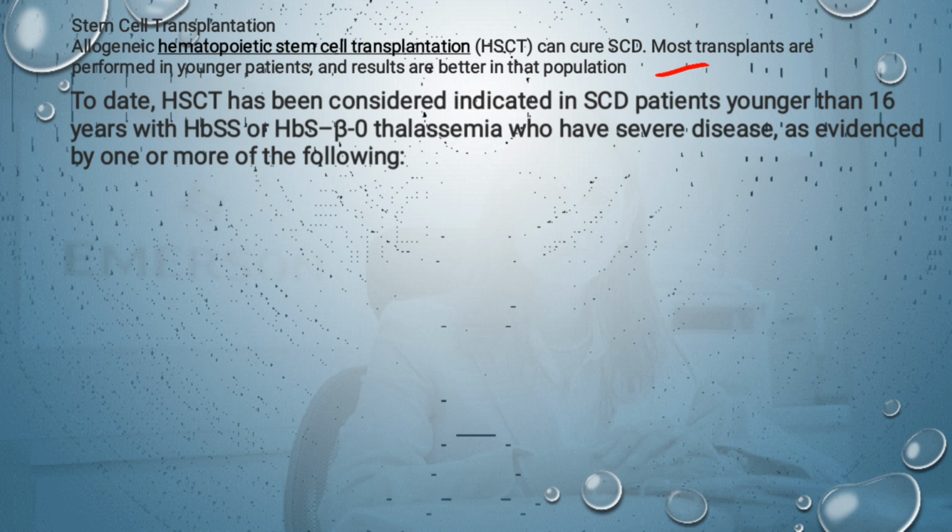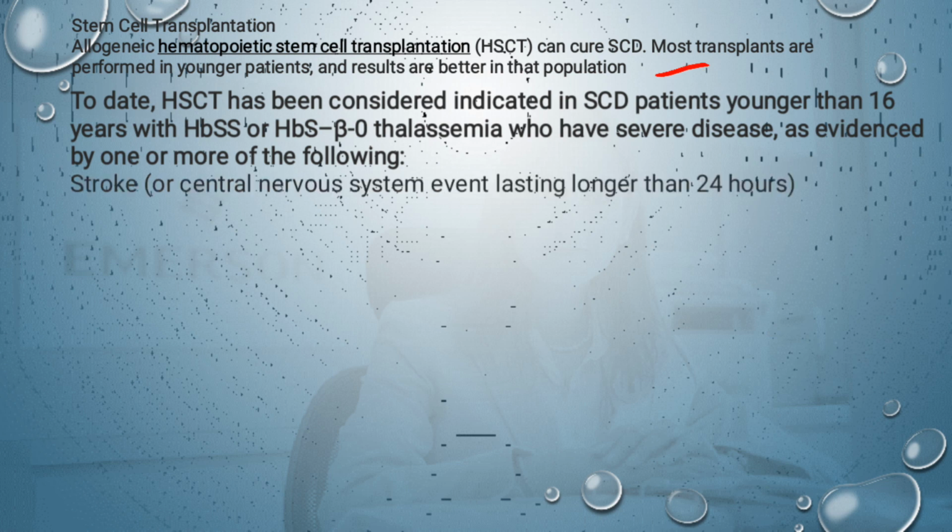Then to date, you have to know that hematopoietic stem cell transplant has been considered indicated in sickle cell disease patients younger than 16 years of age with HbSS or HbS beta thalassemia who have severe disease as evidenced by one of the following.